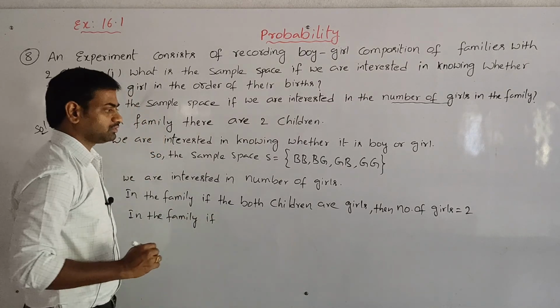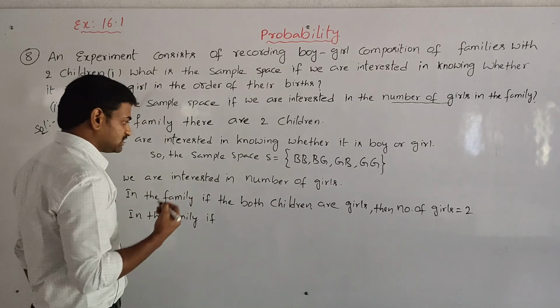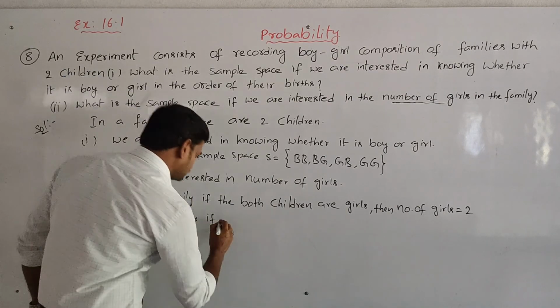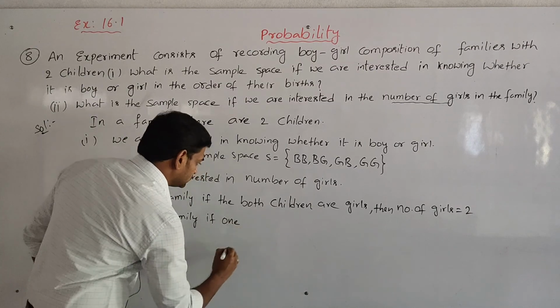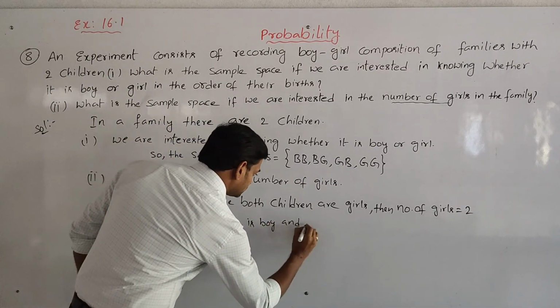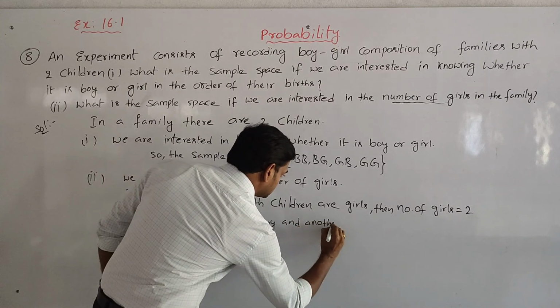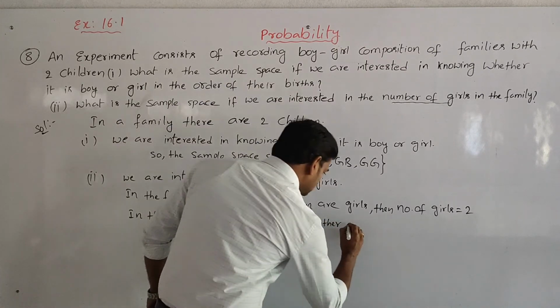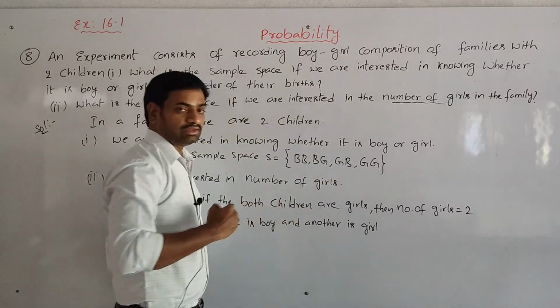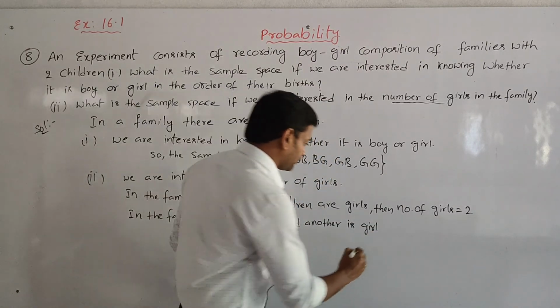Same in the family, if one child is boy and another is girl, then how many girls are there?